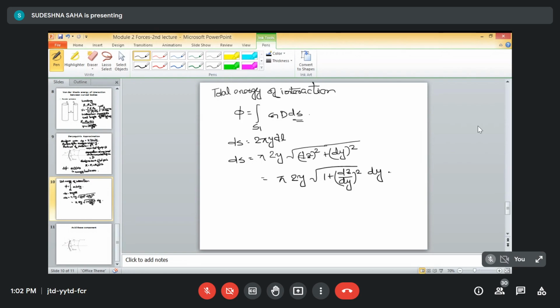Okay, so like this we can write for dS. We can further say that we have already assumed that the curvatures are small, and then we can take dz/dy going to 0.